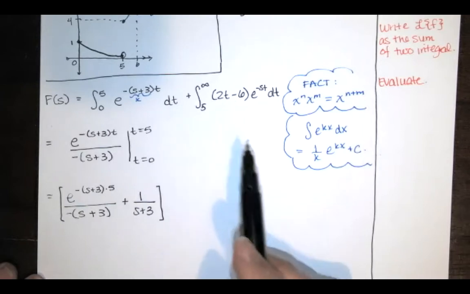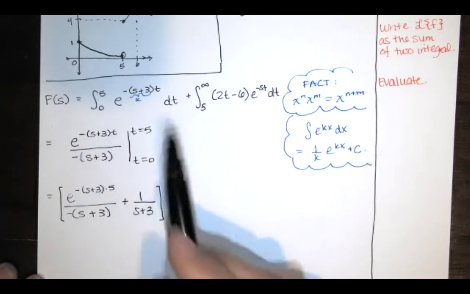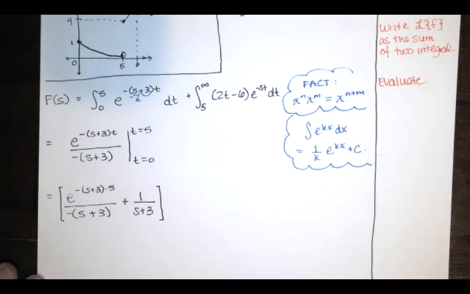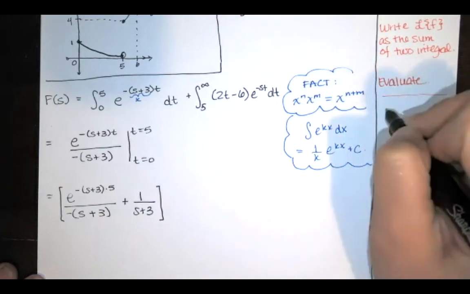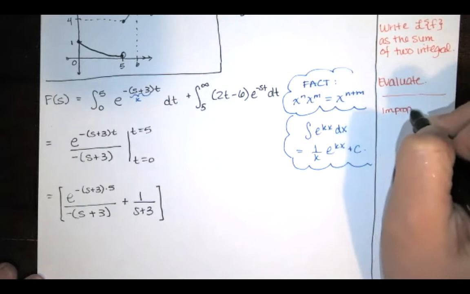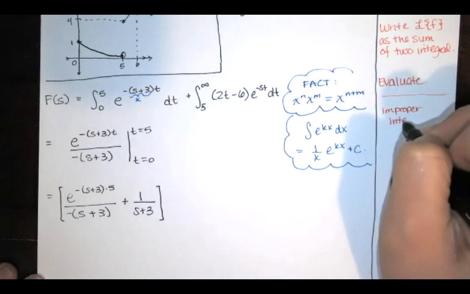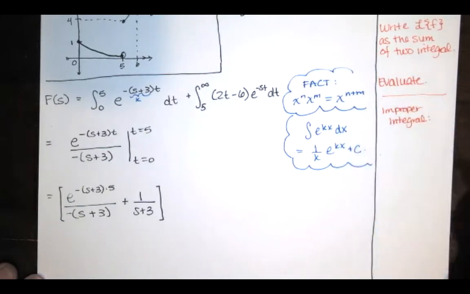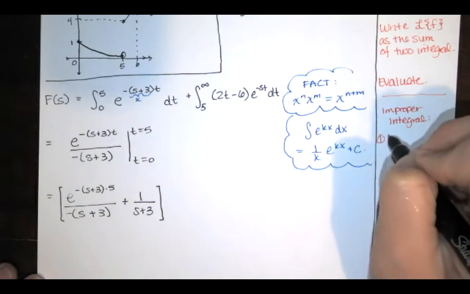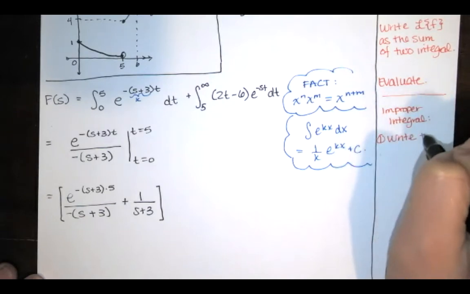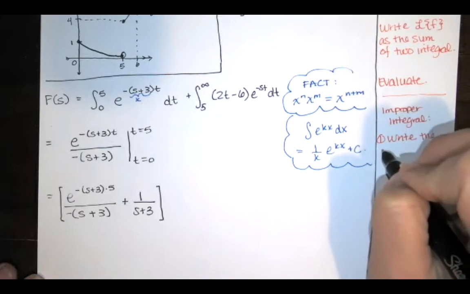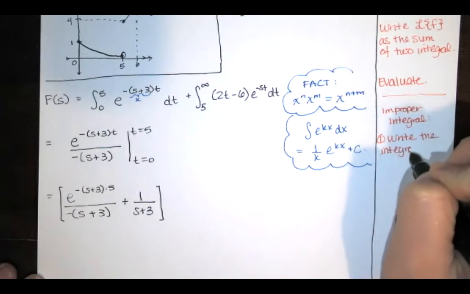Now, when it comes to the improper integral, you've got 3 things that you always have to do. For the improper integral, remember, we always want to write it as a limit. Improper integrals are actually limits. So first, we write the integral as the limit of a proper integral.